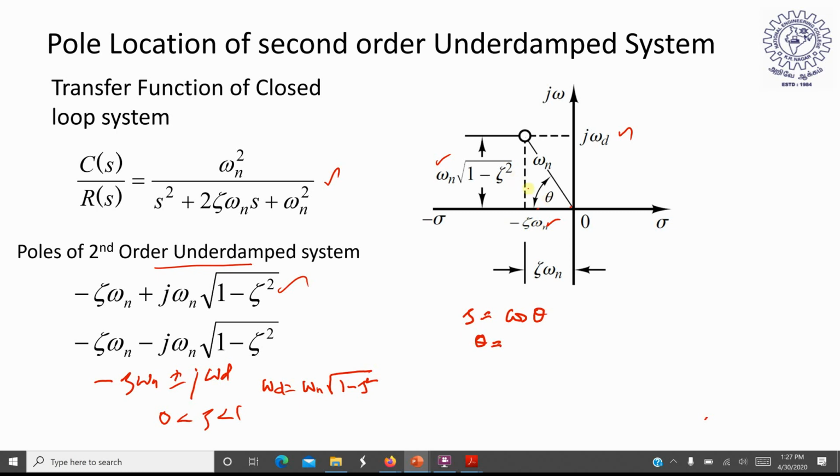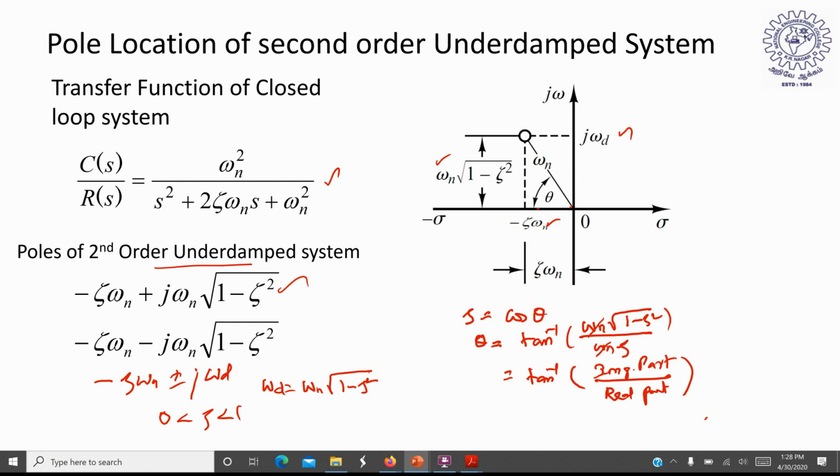Tan theta is opposite by adjacent, so theta is tan inverse of omega n root of 1 minus zeta square divided by omega n zeta. Obviously omega n cancels, so theta is tan inverse of root of 1 minus zeta square by zeta, or tan inverse of imaginary part divided by real part of the pole location, where the real part is minus zeta omega n.